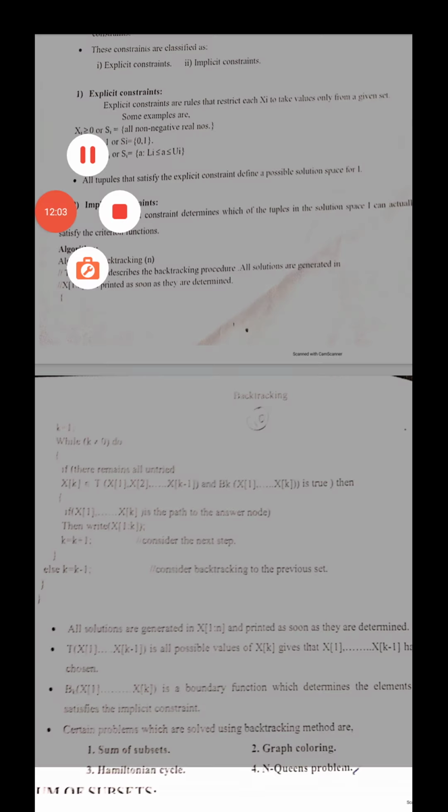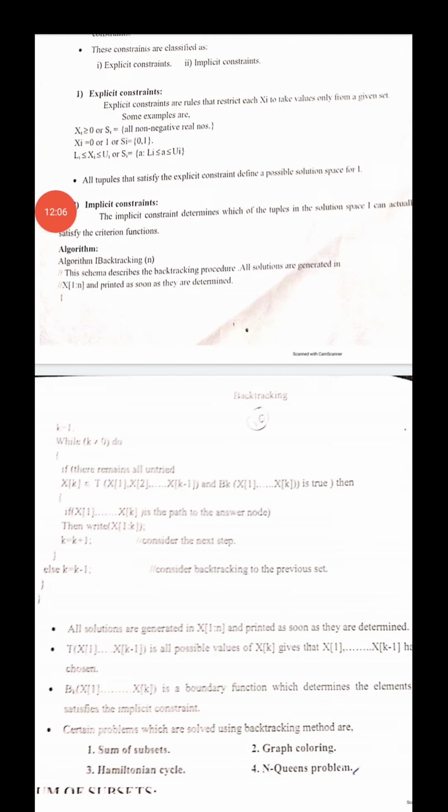Backtracking general method: first we need to learn the backtracking algorithm, by which a number of problems can be solved. This scheme describes the backtracking procedure, and all solutions are generated in x[1:n] and printed as soon as they are determined. Then k is assigned 1.